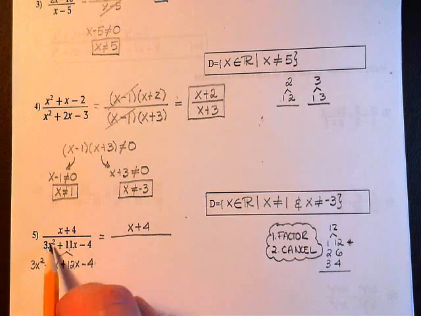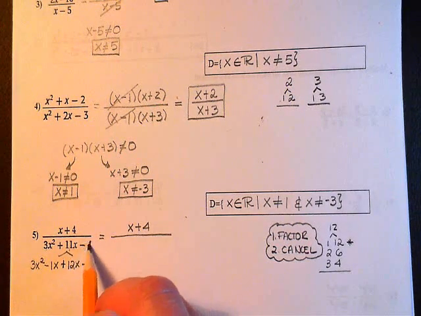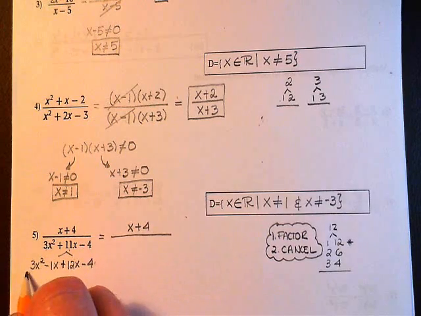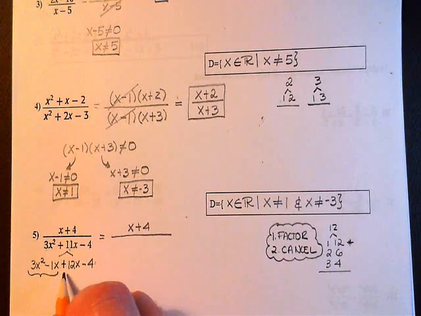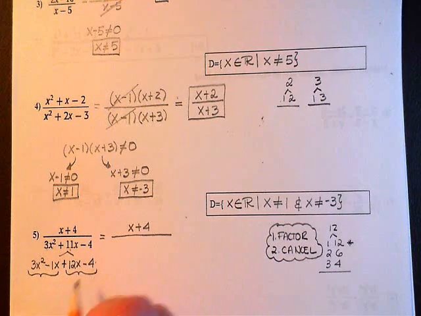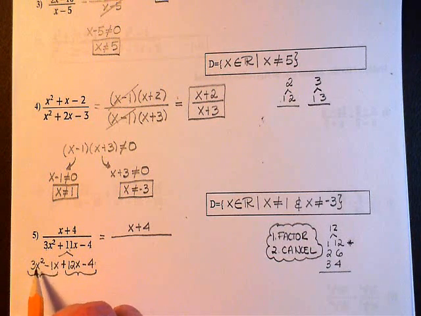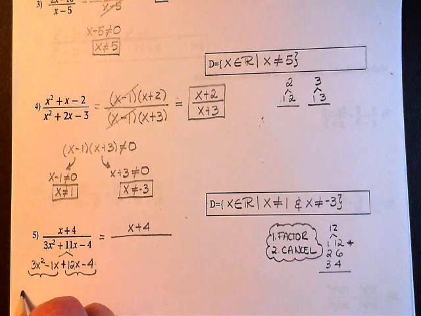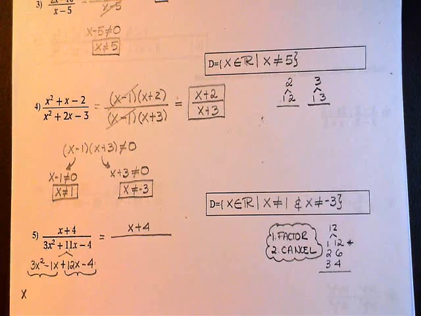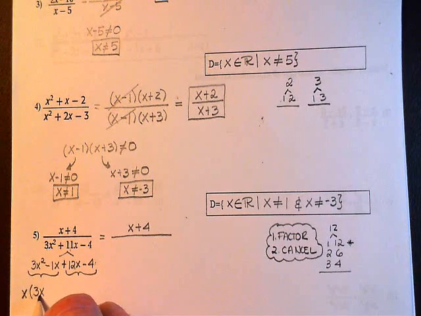Alright, so copy the first, break down the middle, copy the last. Now you need to group it. The first two and the last two. The first two, what can I factor from these two? The answer is x. I can factor out an x. If I do that, 3x squared divided by x is 3x.